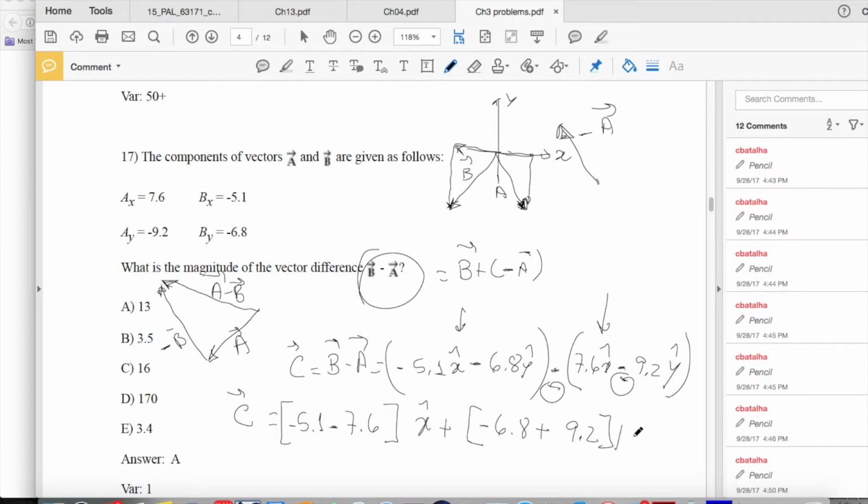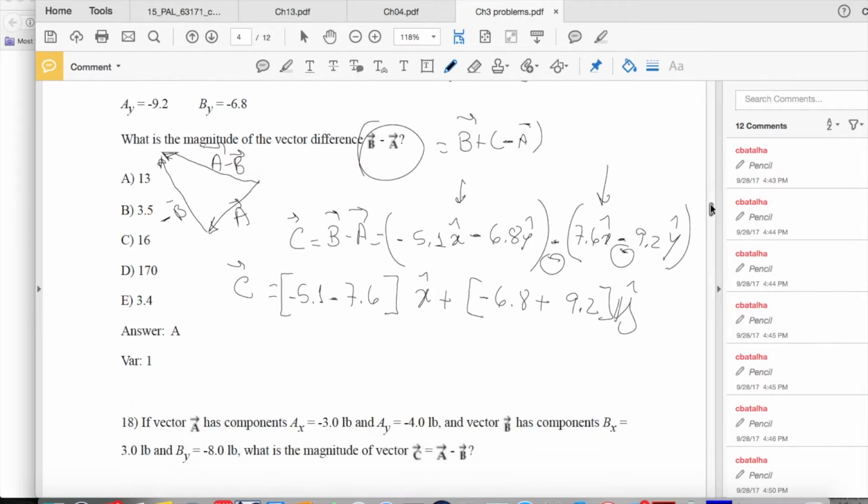This is in the Y hat direction. How do we find the magnitude? So let's keep operating. Negative 5.1 with negative 7.6 is negative 12.7 in the X direction, plus 9.2 minus 6.8 is 2.4 in the Y direction.